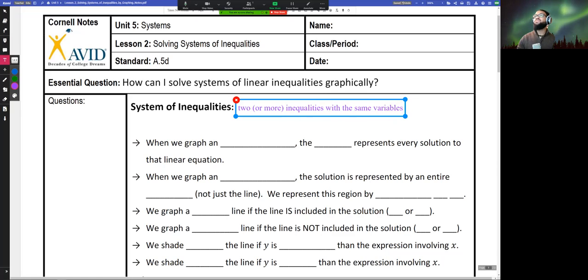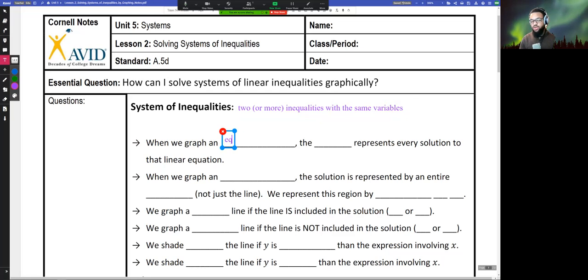All right. And when we graph, so let's think back. When we graph an equation, the solution or the line that we get when we graph that equation represents every solution that that linear equation has. All right. And when we graph an inequality, the solution is represented by an entire region, all right?